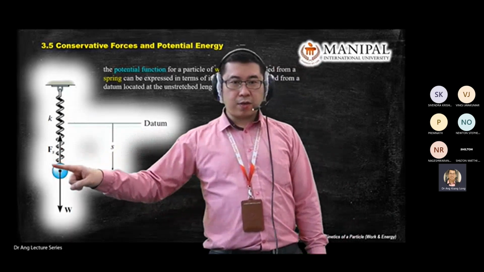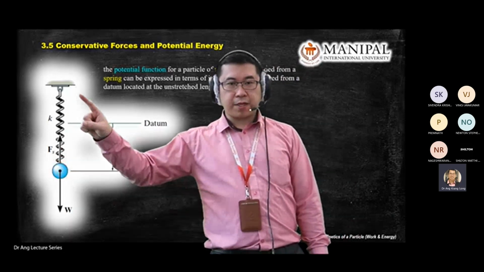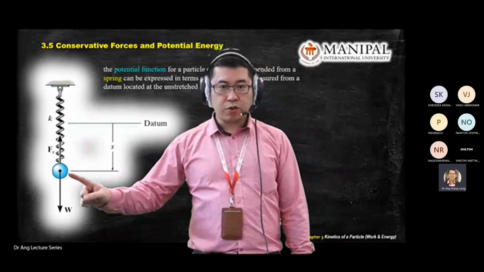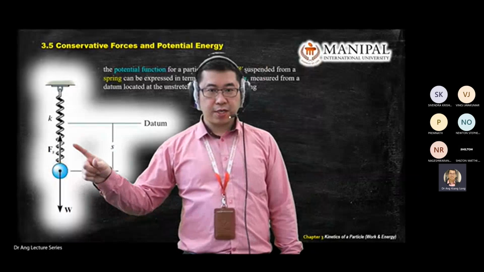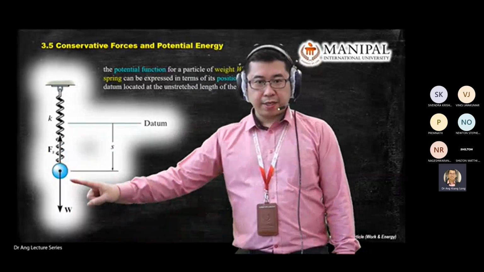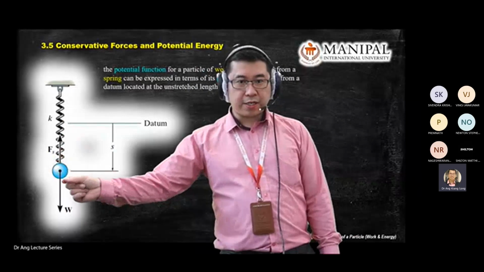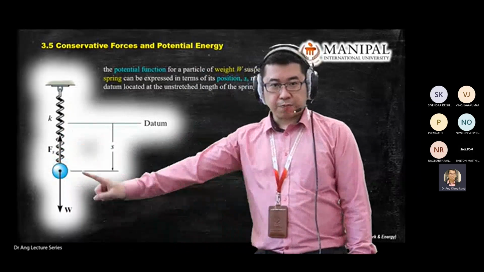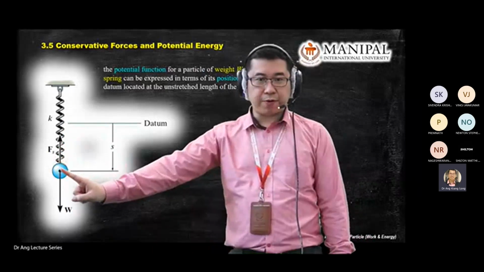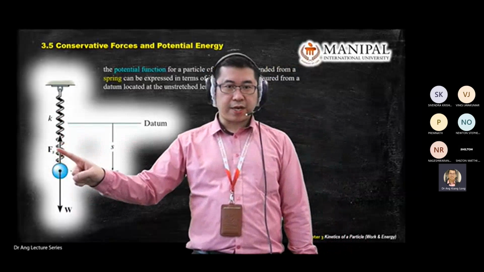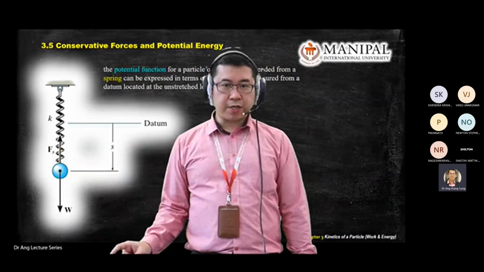So the only things that affect the motion are the weight and the additional force acting on the spring. In this diagram, the force is pushing the spring, so you have a spring force here.